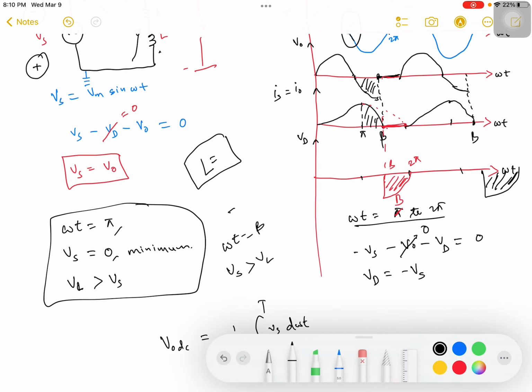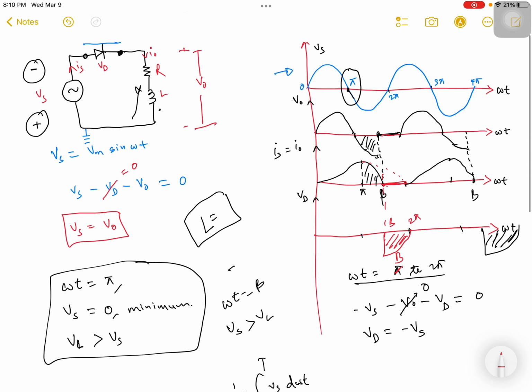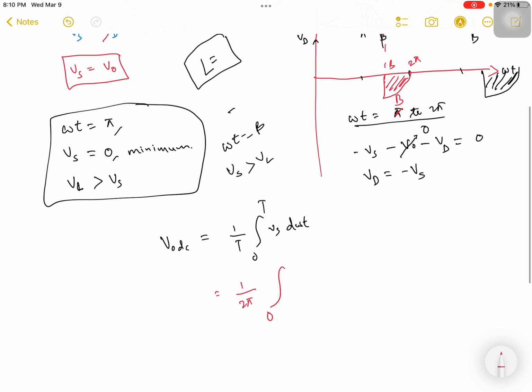Here the full time period is 2 pi, and the expression can be written as: from 0 to pi Vm sin omega t d omega t, plus from pi to beta, again Vm sin omega t d omega t. Even if you write it like this, it will be correct.